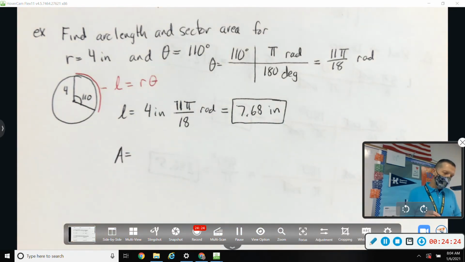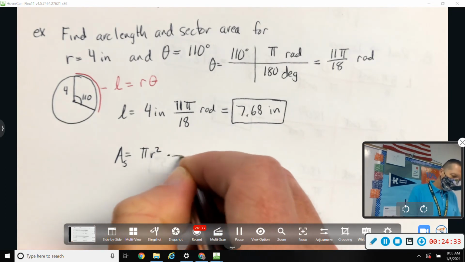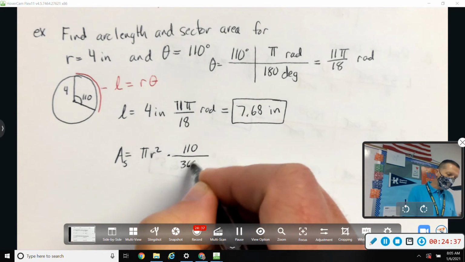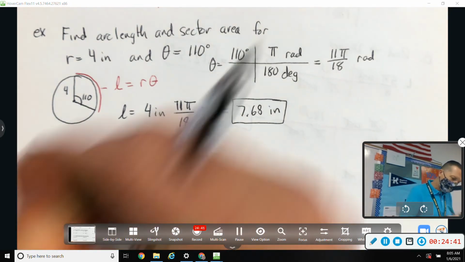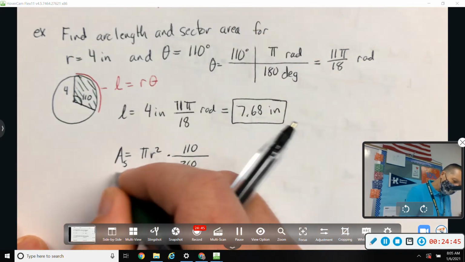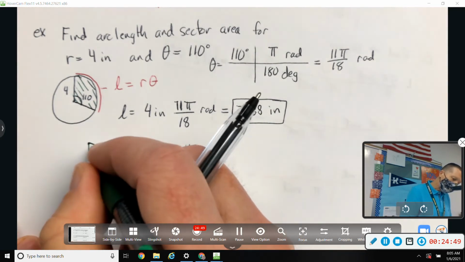And then sector area, pi r squared times, I'm just going to leave it as 110 over 360, because that's the portion of the circle that I'm looking at. So the green sector area, that weird looking pie piece, I guess.